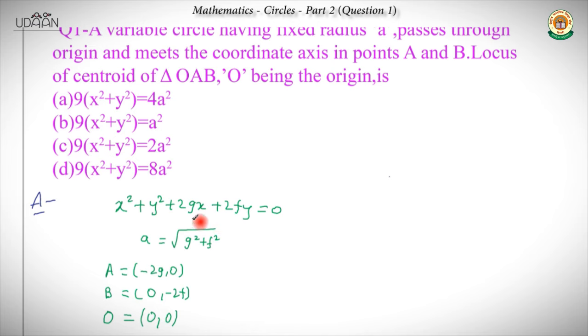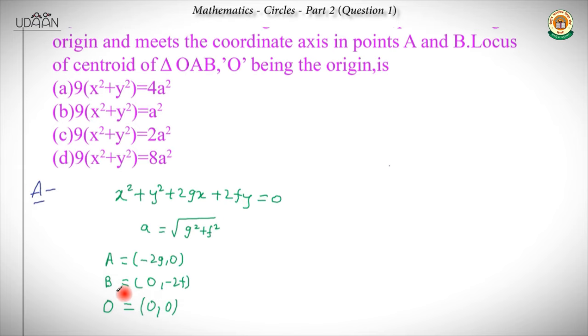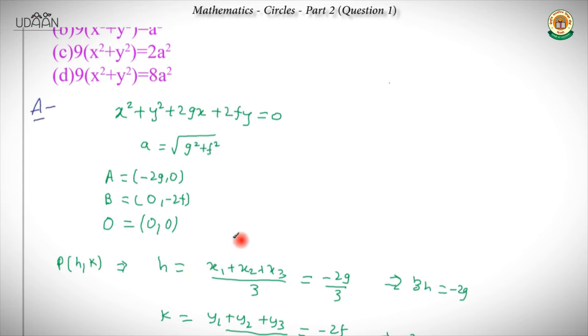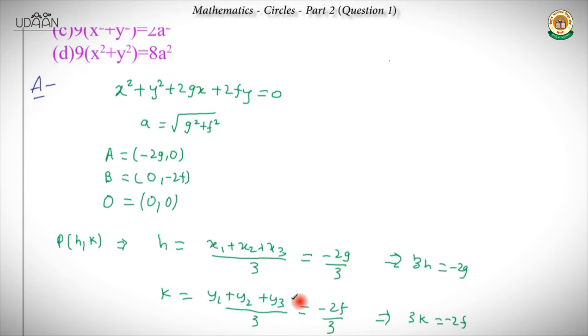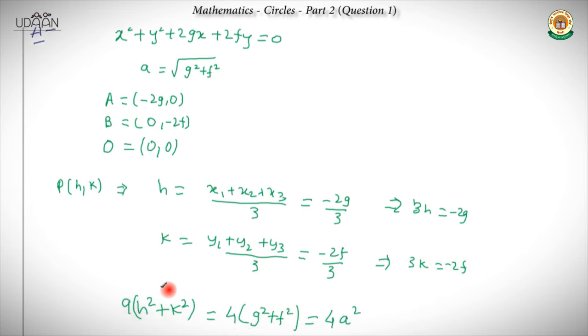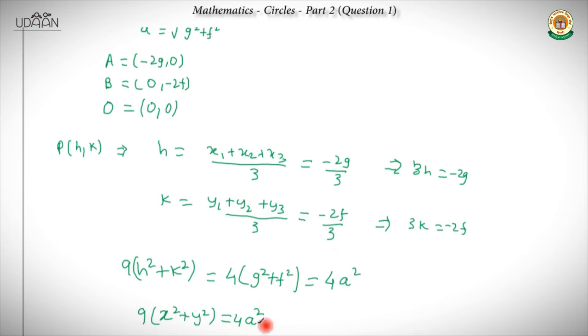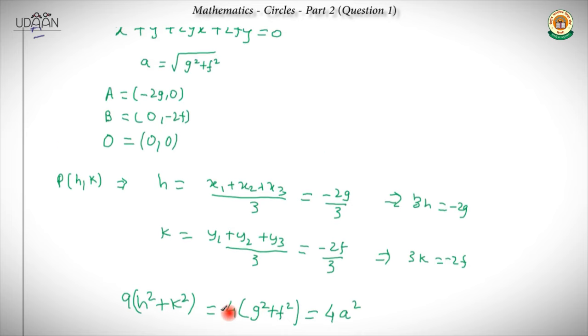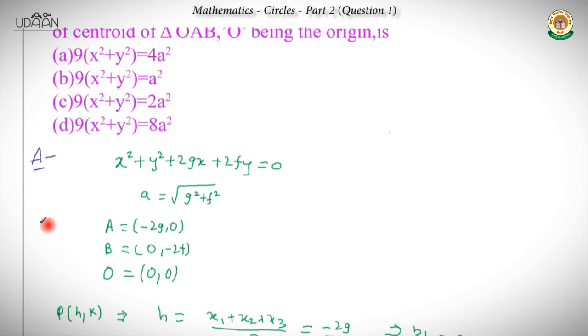Since the radius was already given, we expressed it in terms of g and f, and then found the coordinates of the origin, A and B, and then the centroid of the triangle. Since we had to find the equation of the locus of the centroid, we replaced h and k by x and y. That is our final answer, which is option A, as you can see. Alright, so that was question number 1.